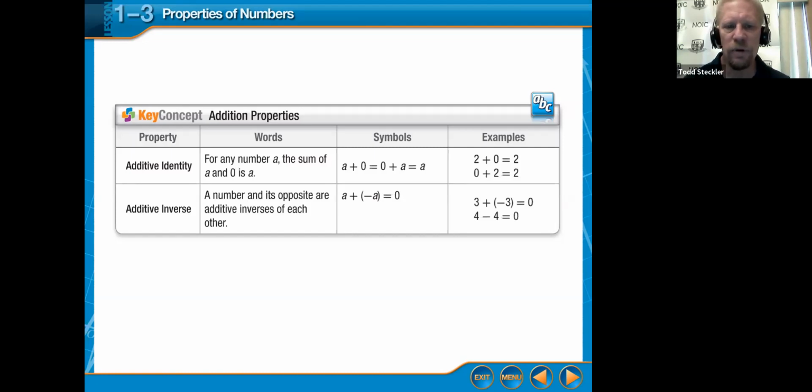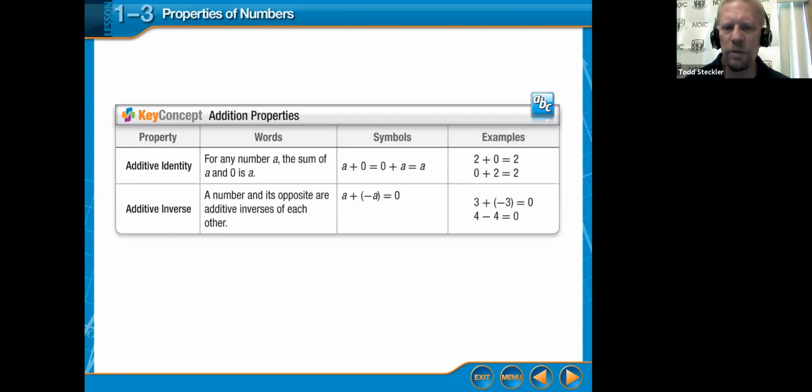The additive inverse is called the opposite. And so the opposite of a number A is negative A. And the reason is because if you take, for example, the number 3, and if you add its opposite, which is negative 3, you get 0.